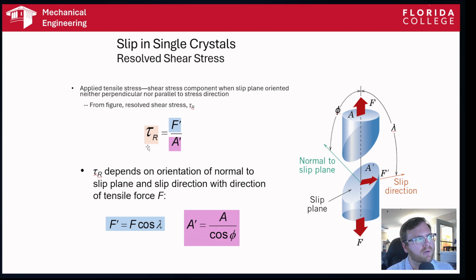That is how you calculate our resolved shear stress. Our resolved shear stress depends on the orientation of the normal to the slip plane and the slip direction with the direction of tensile force F. I've already explained that. Then F prime is equal to F times cosine lambda, our regular force multiplied by the cosine of lambda, and lambda is the angle between our axis and the slip plane.